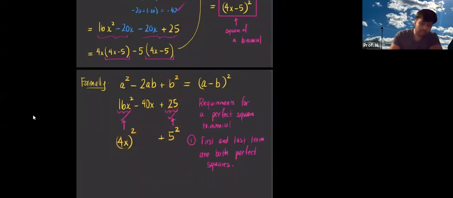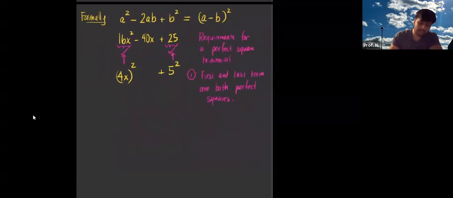Now the second requirement, it's a bit strange to write this, but the second requirement is the following. The second requirement deals with the square roots of the first and last terms. If you take the square roots of the first and last terms and you multiply them together and double it, that should be the middle term. So I'm going to say this.